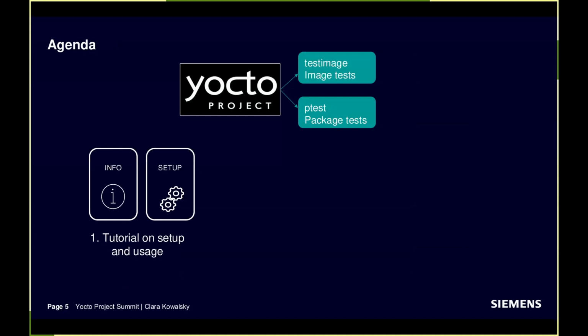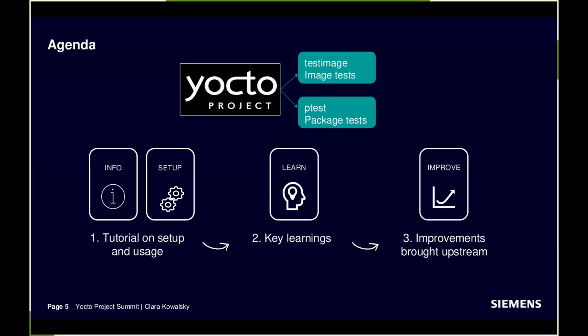So I will give you a small tutorial on how to set them up and use them. Then I will present to you my learnings I had when using the testing functionalities. And after that, I will talk about the contribution I brought upstream.